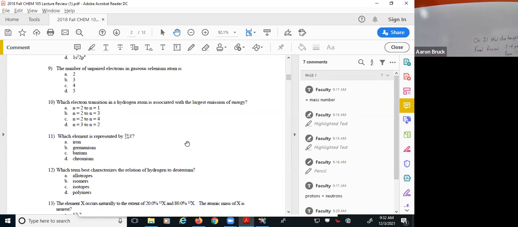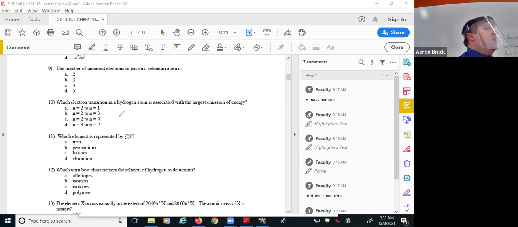All right, number 9. The number of unpaired electrons in a gaseous selenium atom is what? So we're going after 2 things here, Lewis dots, and do you know your elements?